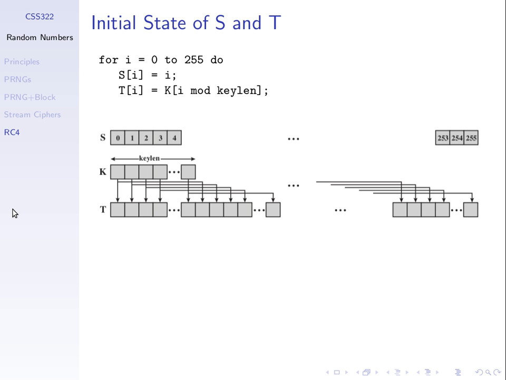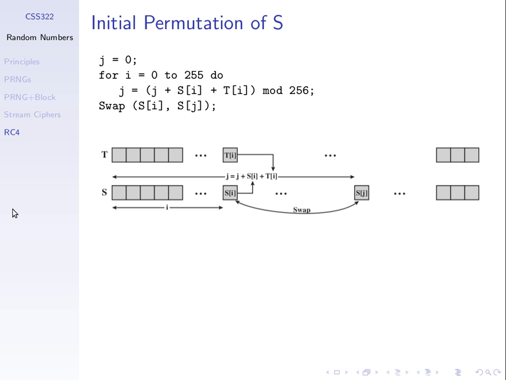And so this slide shows the first step. Just initialize S and initialize T to be the same as the key, but just repeat the key where necessary. And this is the initial permutation of S. What we do, and we do it 256 times in the real RC4, J is initialized to 0. Take the current value of J, add the value of Si.